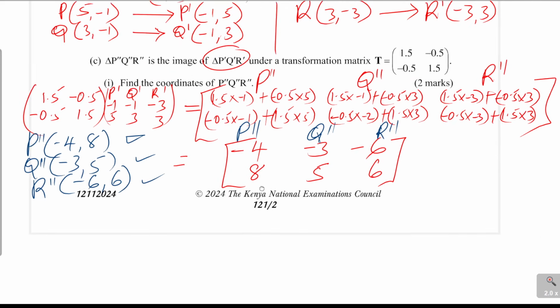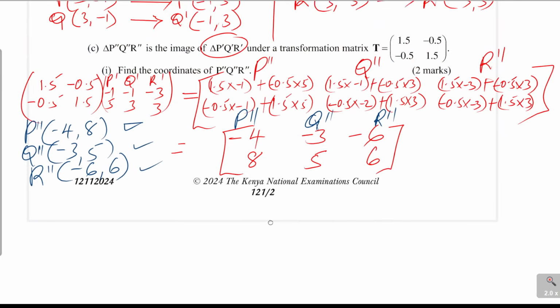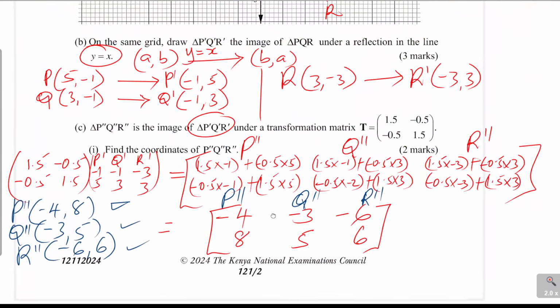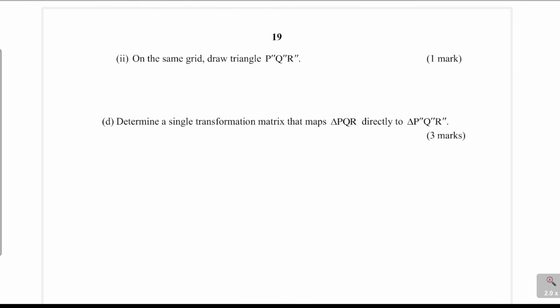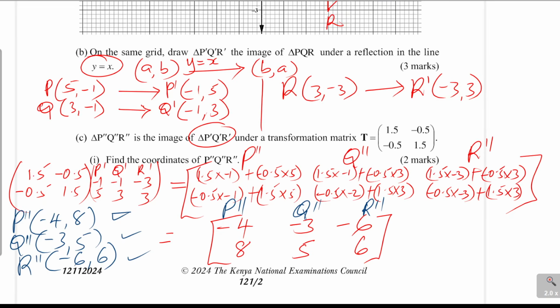So the other question is here. On the same grid, draw triangle P double prime, Q double prime, R double prime. So you just need to plot these on.